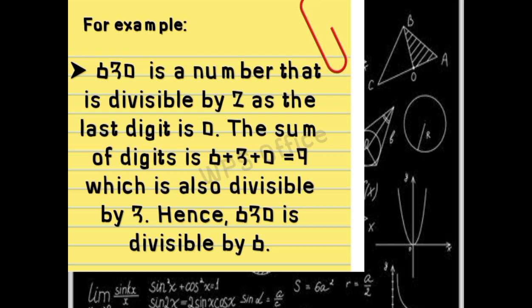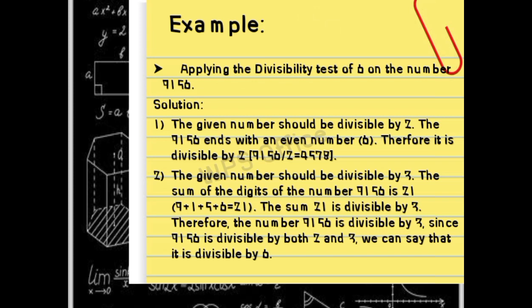Let's take another example. Applying the divisibility test of 6 on the number 9156, the given number should be divisible by 2. 9156 ends with an even number 6. Therefore, it is divisible by 2, where 9156 divided by 2 is 4578. The given number should also be divisible by 3.